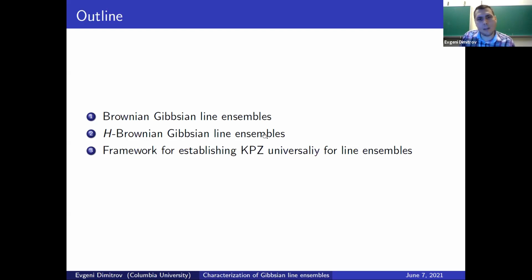Then I'll formulate a positive temperature version of these stories, where the objects are now called H-Brownian Gibbsian line ensembles. And at the end, I'll discuss how these characterization results fit into a larger framework that can be used to establish KPZ universality for line ensembles.